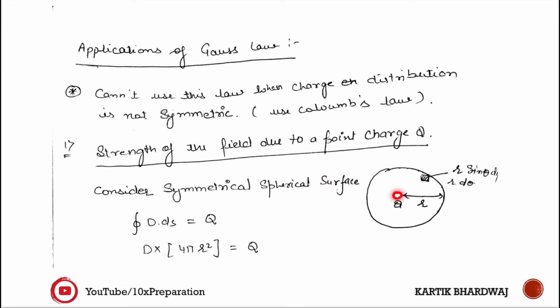I am considering a spherical surface around this point charge. Gauss law says the closed integral of D dot dS is equal to Q. D is constant because I am considering the symmetric surface.